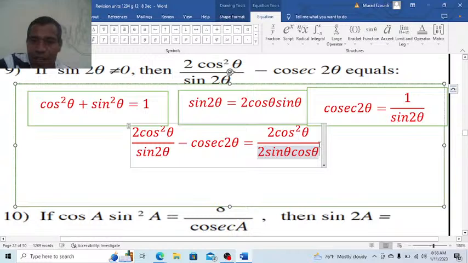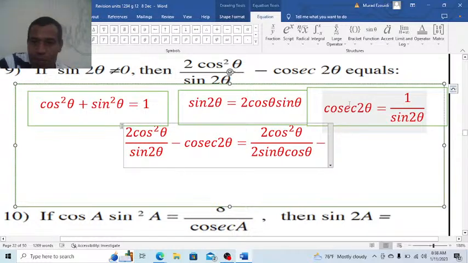Then we move to the next one, minus cosec of 2 theta.